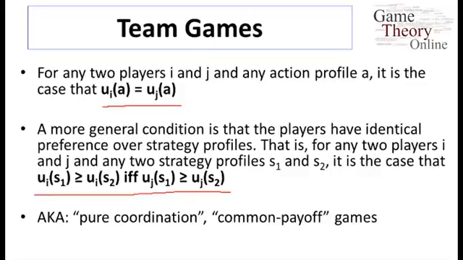It says that for any two strategy profiles, S1 and S2, that is any two strategies, one for you and one for me, I prefer the one mixture to the other just in case you do as well. That means our interests are completely aligned, and that's a game of pure coordination, or a game of pure cooperation, or a common payoff game, or a team game. These are all names for the same sort of thing.